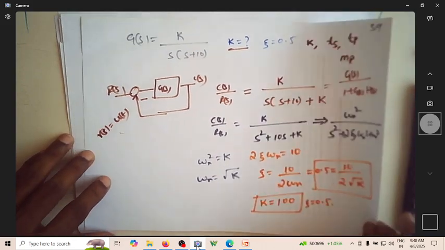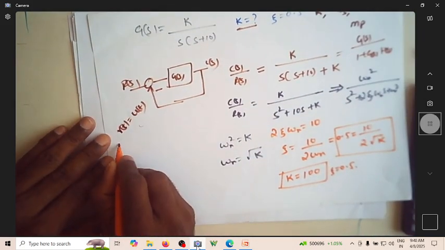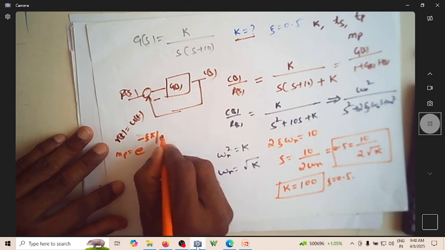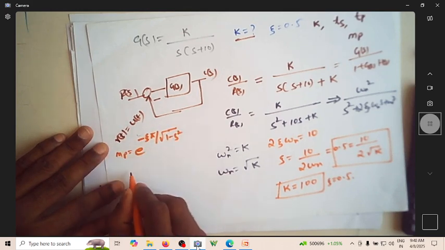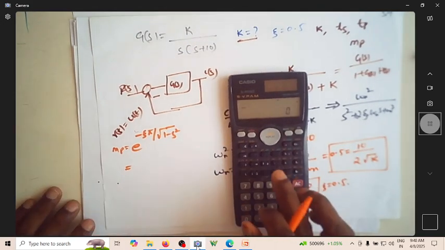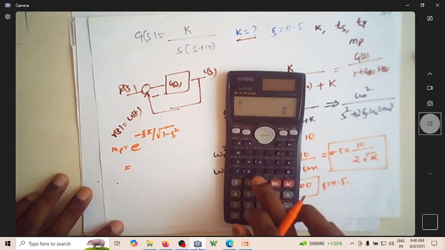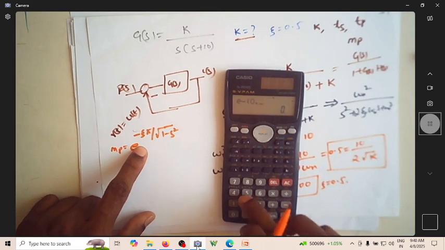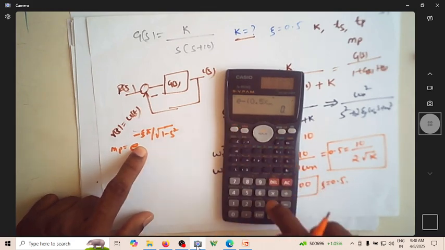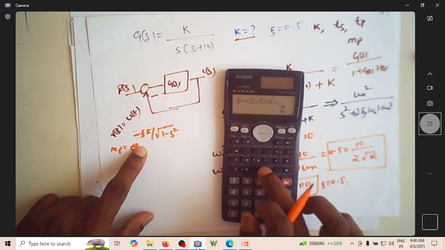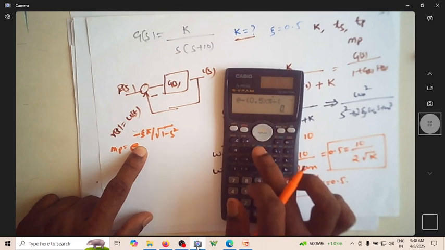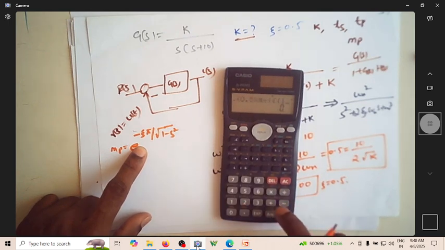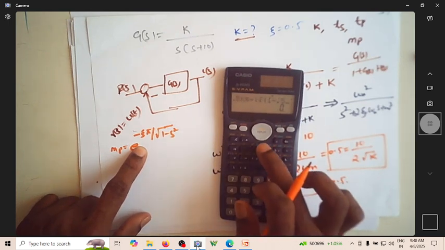We know the expression for MP is e power minus zeta pi by square root of 1 minus zeta square. So I can write it as e to the power minus 0.5 into pi divided by the square root of 1 minus 0.5 whole square.